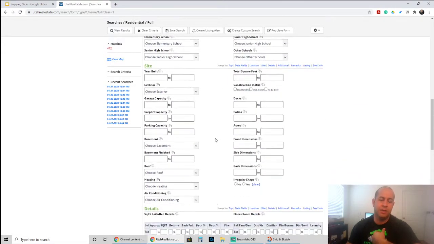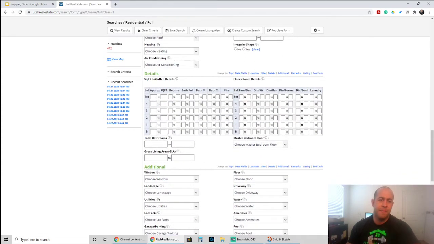The way I like to do that is I come down here into this total bedroom bath section, and I come over to these boxes, right? Then I go over here to laundry, click one, and then I make sure that I click another one.